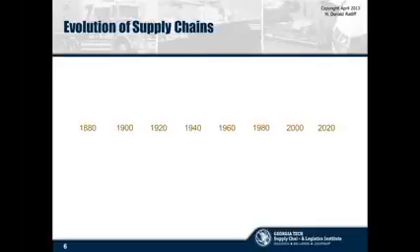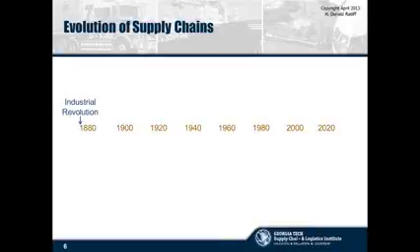It turns out that while we've had inventory forever, and people have been concerned about inventory forever, supply chains have changed a lot over time. And our view of inventory has to some degree changed with it.